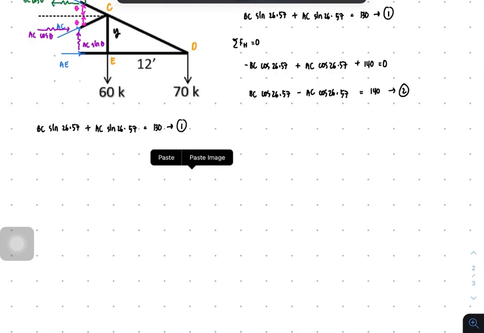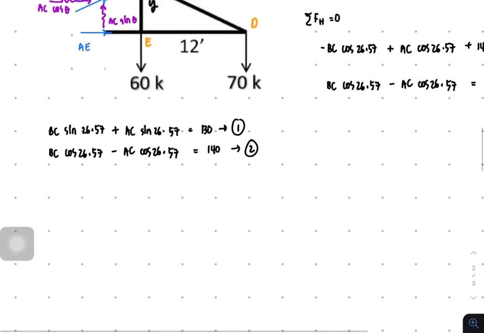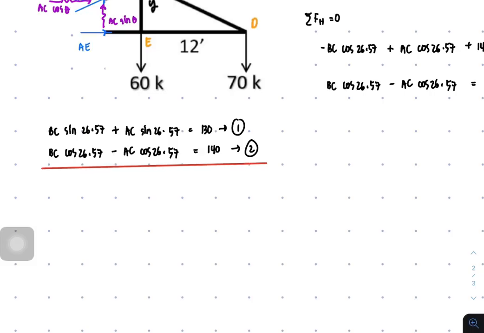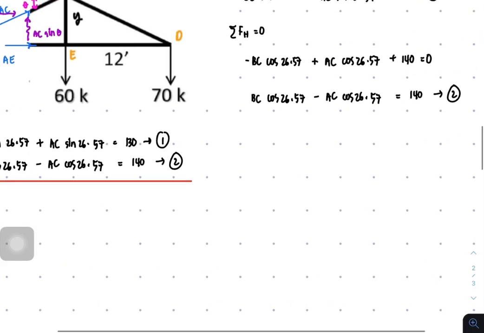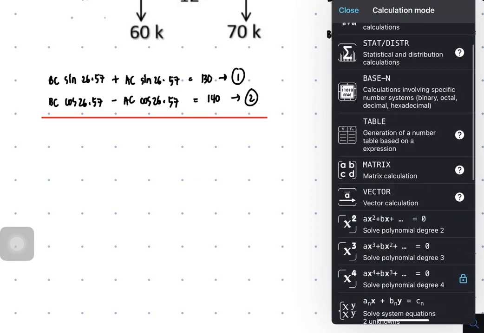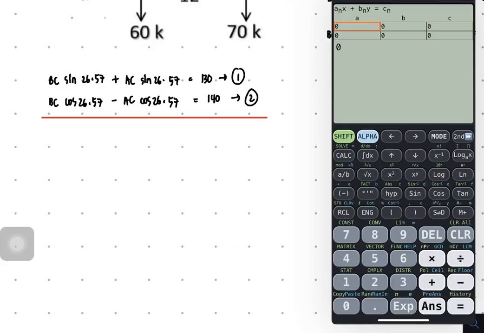So with that, we will be using the method of elimination and substitution, but since we have a calculator that can help with that equation, we might as well use the calculator. So we will be solving for the numbers BC and AC. So mode, and let's look for the two unknowns, two equations. So it's BC sine 26.57, then AC sine 26.57, that's equal to 130.